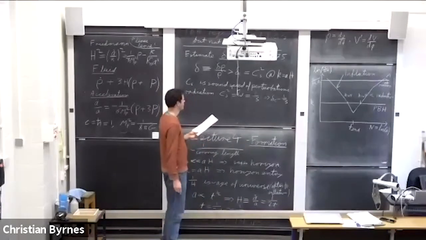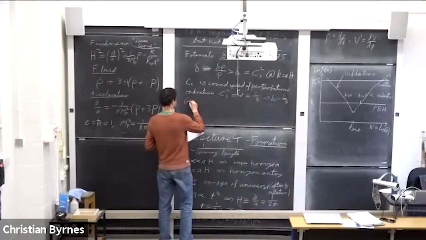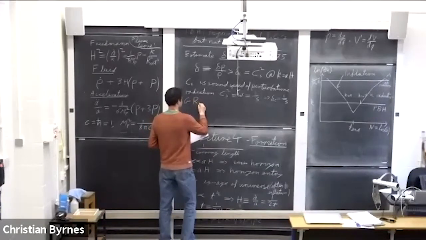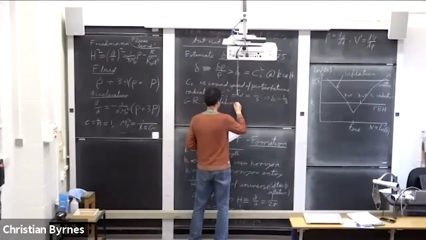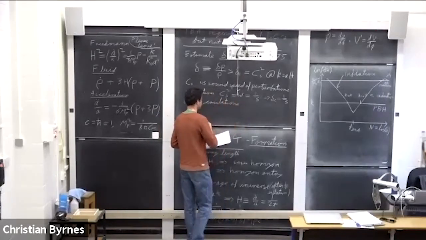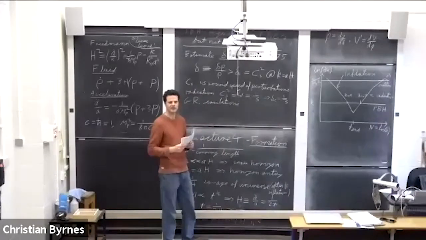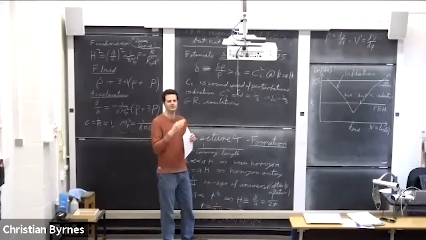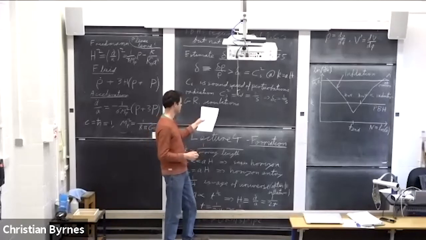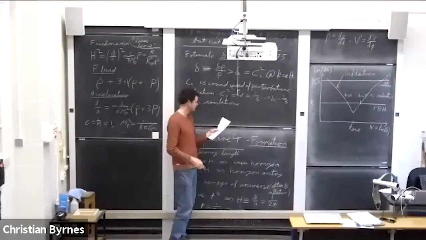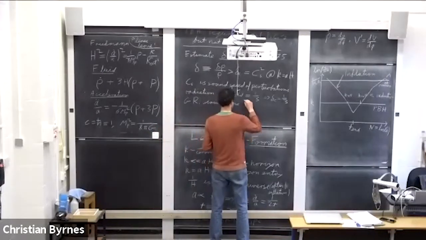Now, GR simulations have in the meantime been done by several groups, although until very recently all of the simulations assumed spherical symmetry, so there were basically 1 plus 1 dimensions, time plus the radial coordinate only. Recently, even some 3-dimensional simulations have been done.